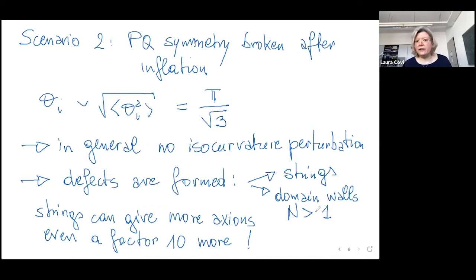So the additional domains where you end up with theta different from 0, you would actually have them shrink in the evolution of the universe, and at the end practically you end up with only one value and one, if you want, big domain.